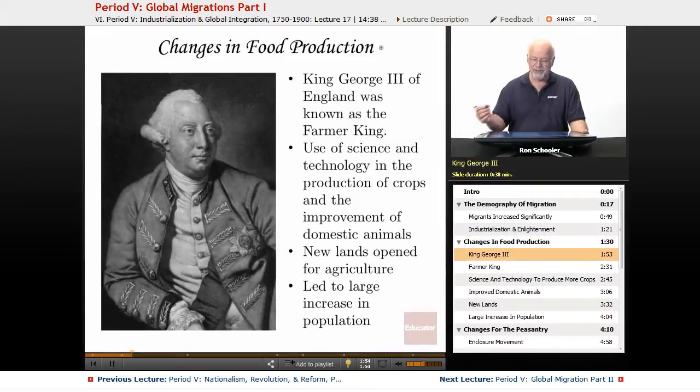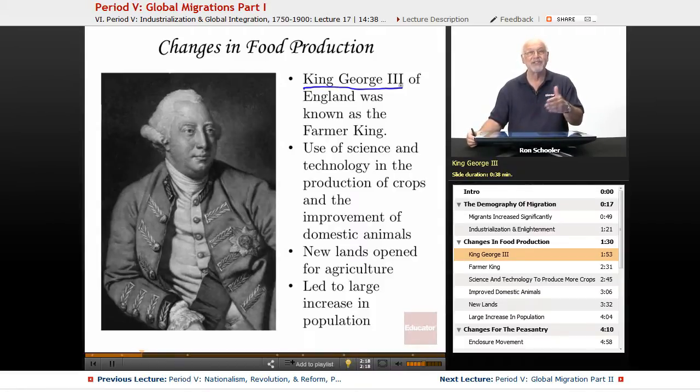And King George III, he's the one who Americans see as the evil one of the Declaration of Independence. He did all these terrible things to us, but as a matter of fact, he wasn't that bad of a king until he went crazy.